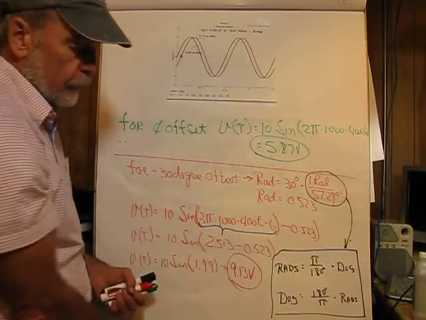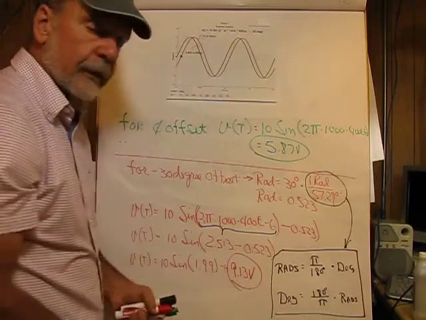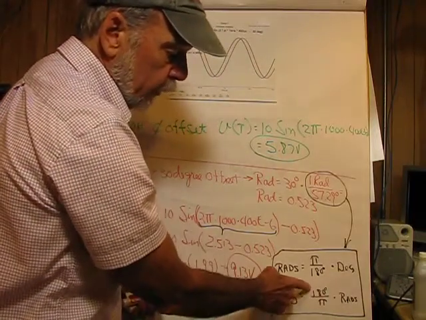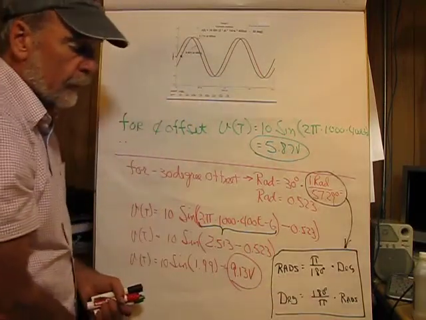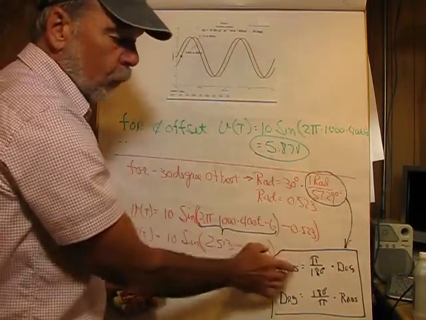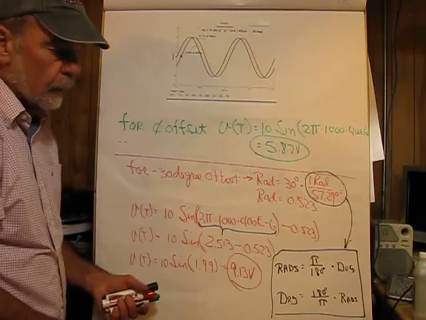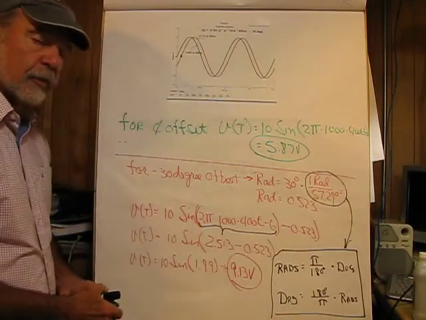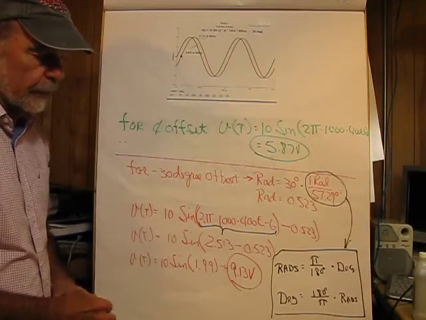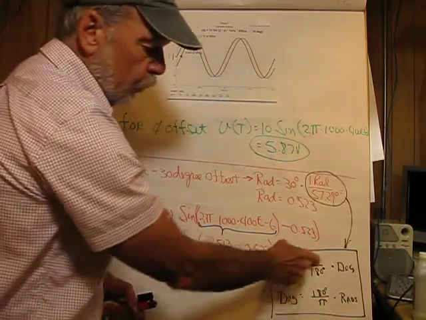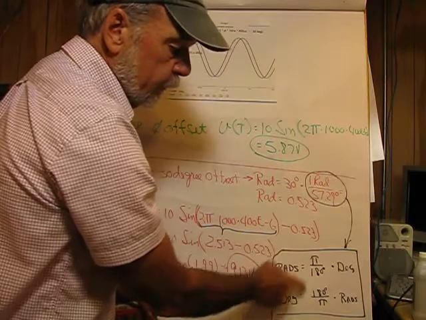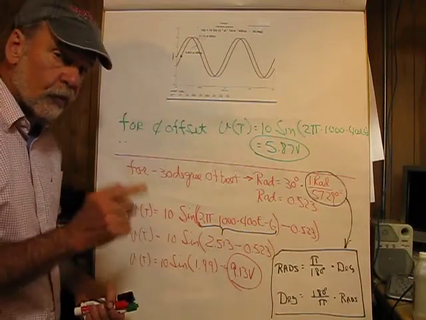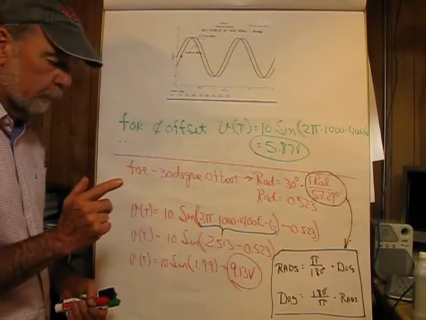And likewise, if you wanted to find degrees given radians, you would multiply the radians by 180 degrees divided by pi. So I don't care which method you use. I kind of like this because I need to keep that number fresh in my mind, 57.29. This will give you a better answer, but you have to know how to do this. And remember, your units will tell you if you get it wrong.